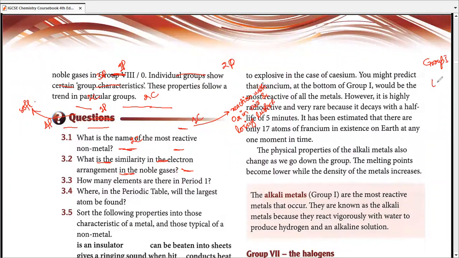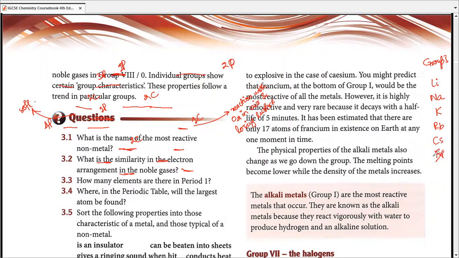The group starts with lithium on top, Li, then you have sodium, potassium, rubidium, cesium, and francium. Since francium is pretty rare, we're not going to discuss it, and we'll discuss the rest of the group. And this is what most of the questions in the past papers are about. But they might ask you to predict the properties of francium.